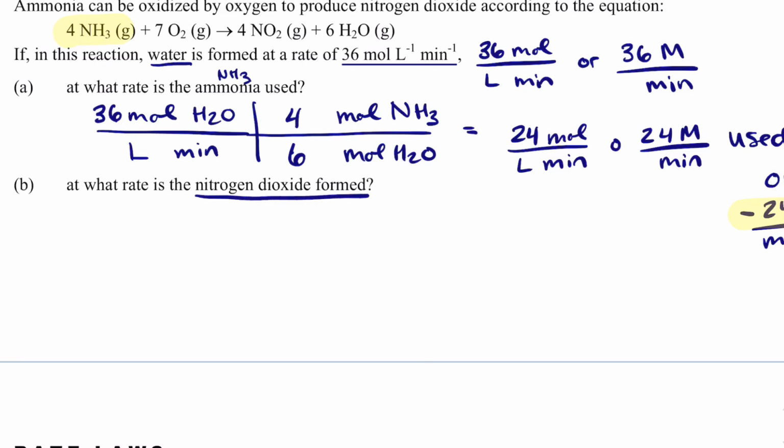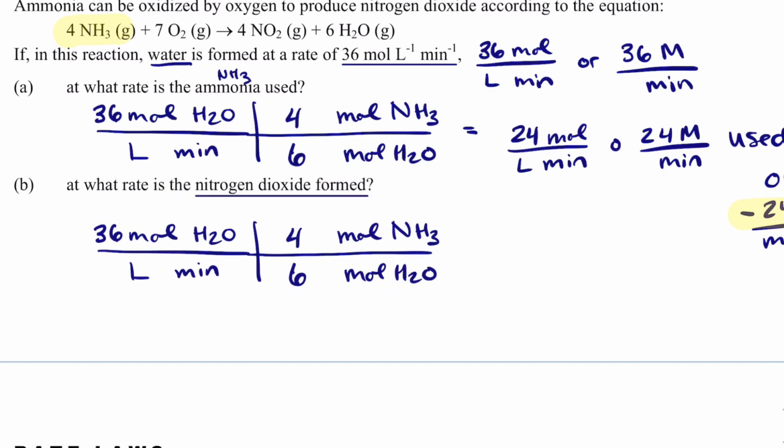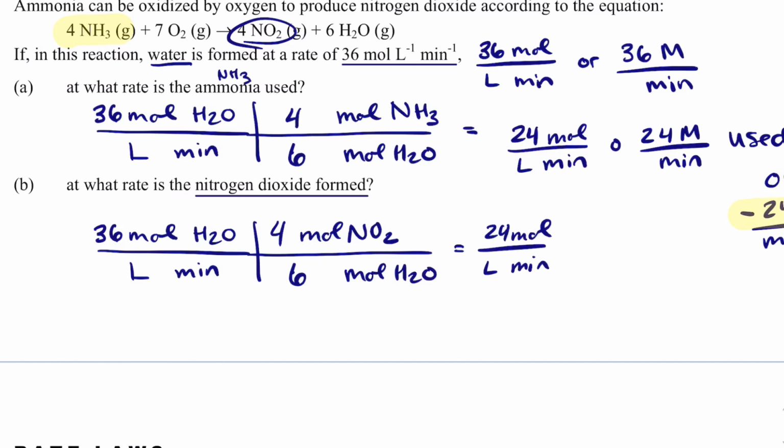Okay, let's look at letter B. We are asked to solve for nitrogen dioxide. So I'm going to set it up exactly the same way and just change what's different in my dimensional analysis fence. Nitrogen dioxide is also 4, so 4 moles of NO2, and I get 24 moles per liter per minute, or 24 molarity per minute.